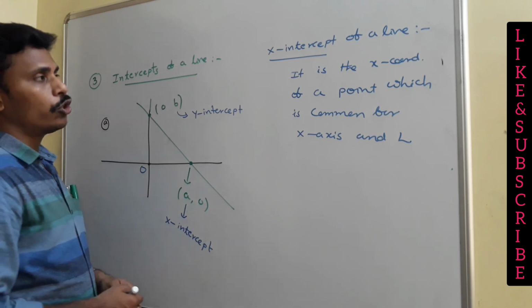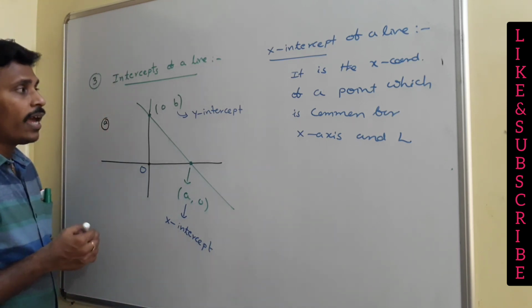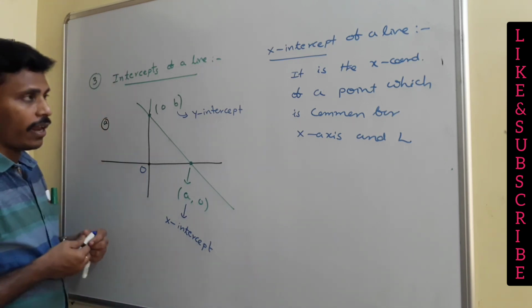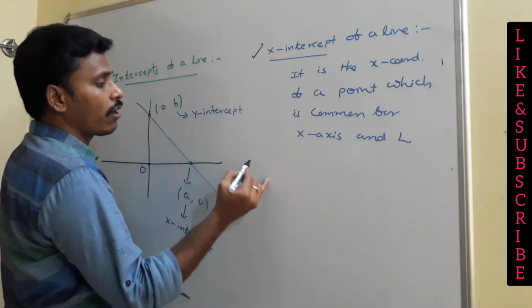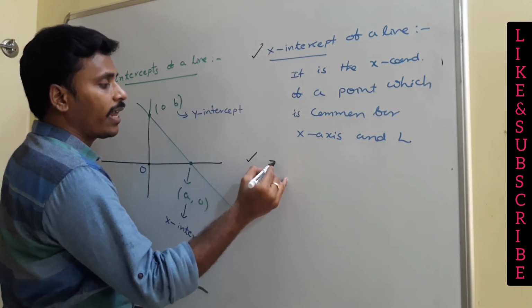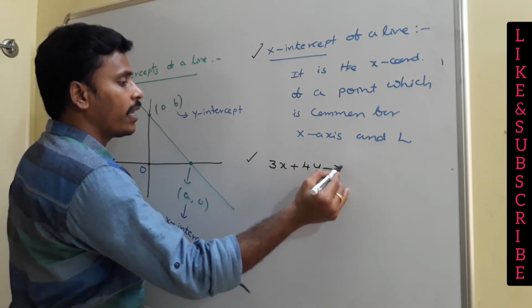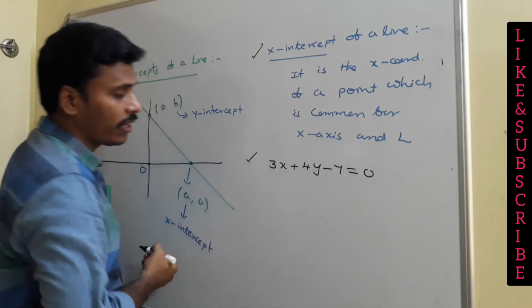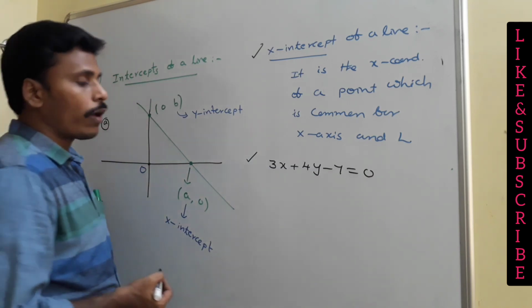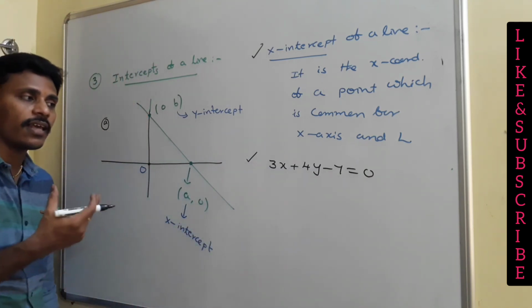Suppose you wish to find the x-intercept or the y-intercept for a line. For example, we know about the general form. I have a line like this: 3x plus 4y minus 7 is equal to 0. Think about it. This is the line.